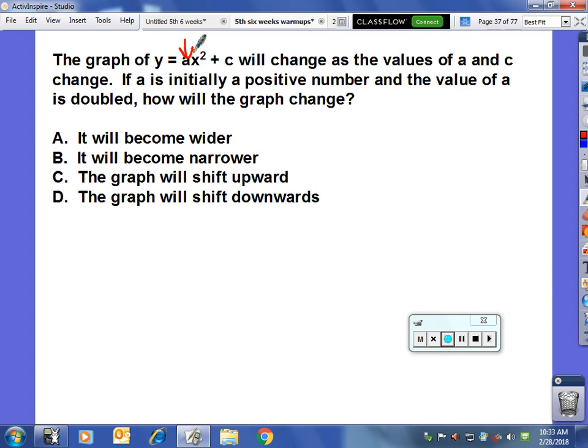What happens if you double the value of A? It's going to get skinnier. So here's the regular one. If you double it, it's going to get skinnier. Remember, fractions make you flat and fractions make you fat. So if we'd made the A value smaller, it would get wider. But we made the A value bigger, so it's going to get more narrow. It's going to get skinnier, more narrow.